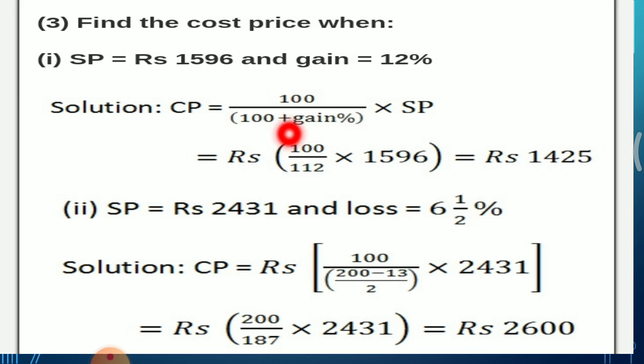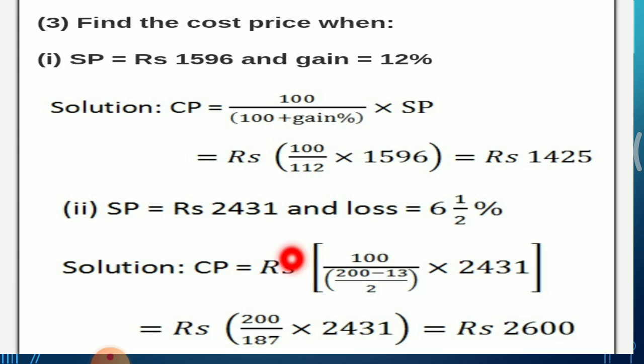So 100 by 100 plus gain percent 12%, so 100 by 112 multiple 1596. When you will class it, so your answer will be 1425 rupees.